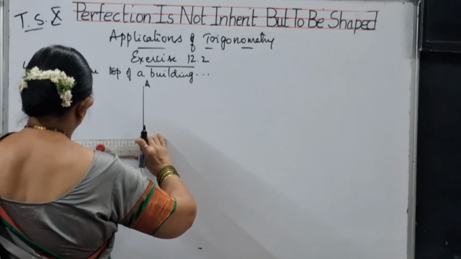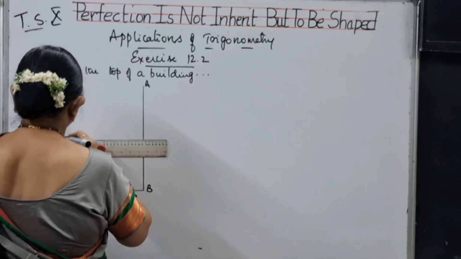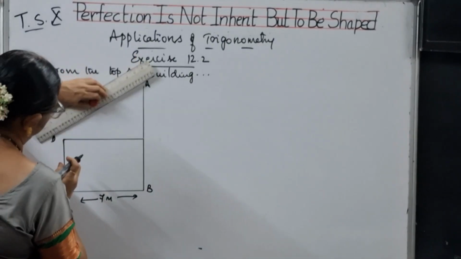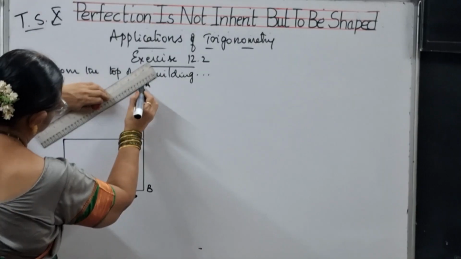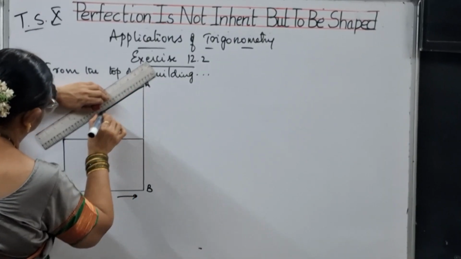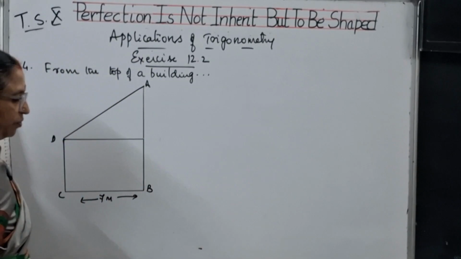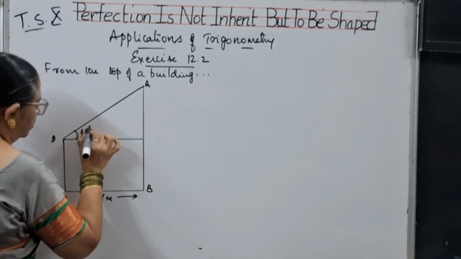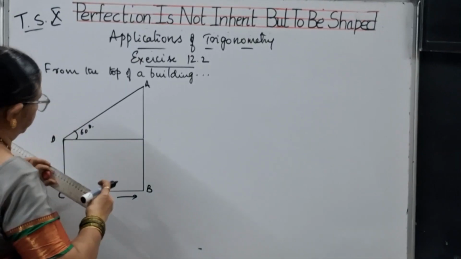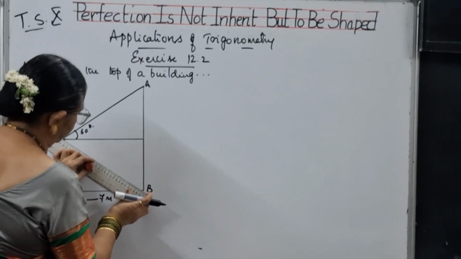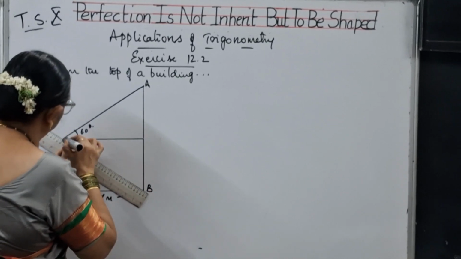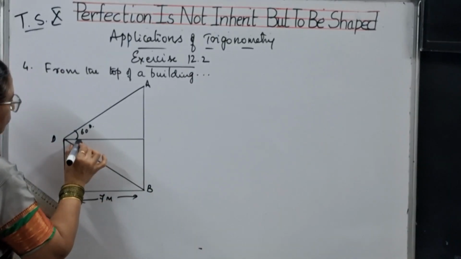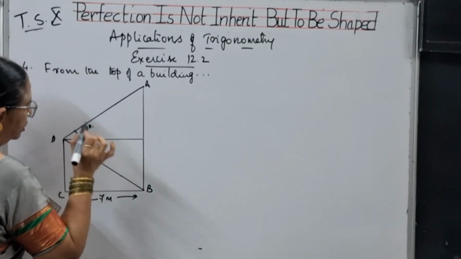So I need to draw a line like this parallel so that I can talk about angle of elevation and angle of depression. So here, the person is observing the angle of elevation is 60 degrees, and at the same time the angle of depression of the bottom of the tower, this is angle of depression 45 degrees.